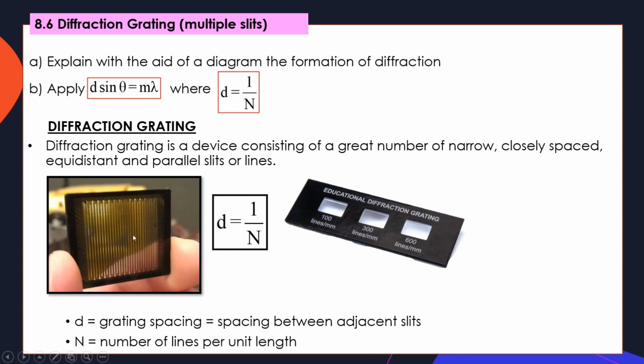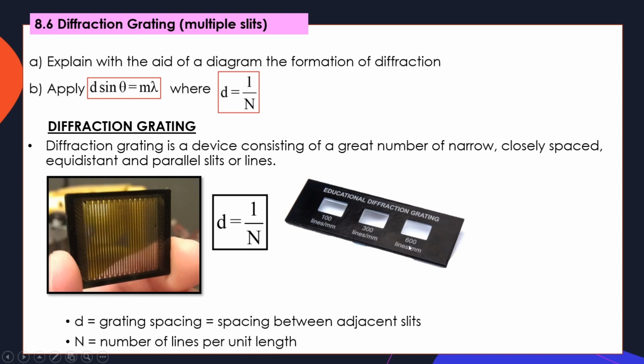Okay, so the grating spacing d is given by 1 over N. In order to calculate the grating spacing between the lines, we use the equation 1 over N, where N is the number of lines per unit length.